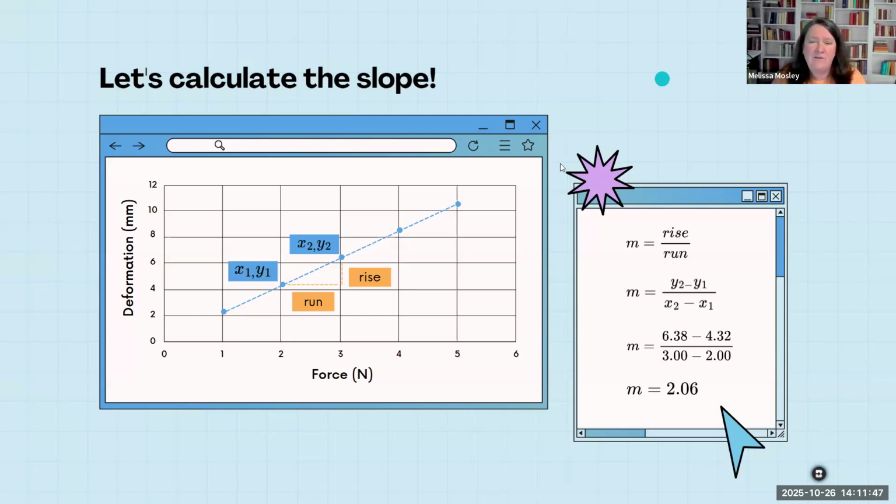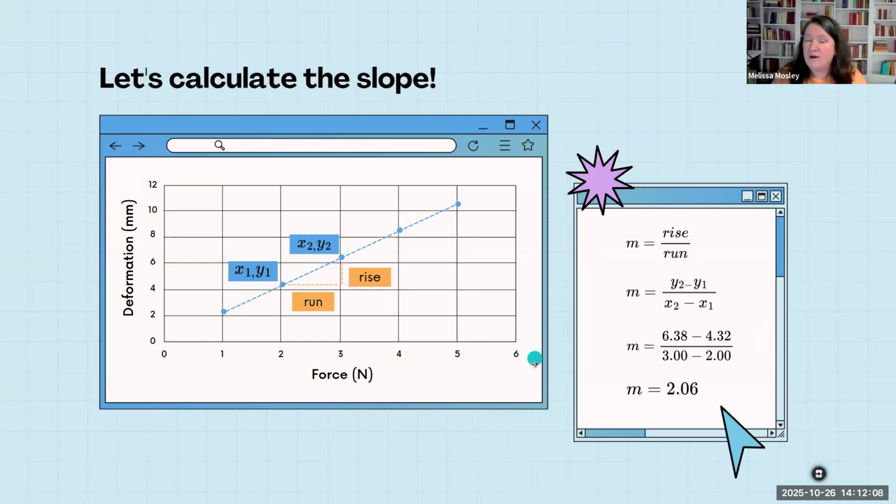So we find the y2 value, which is 6.38, minus the y1 value, which is 4.32. Now we got this information from the chart and from the table.